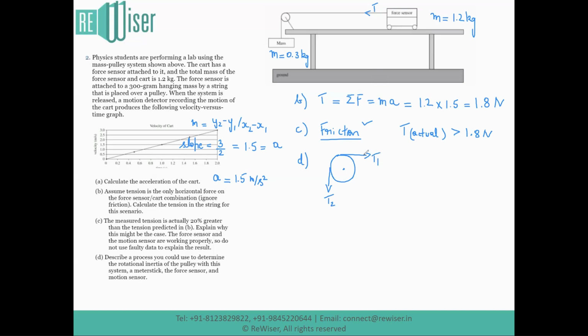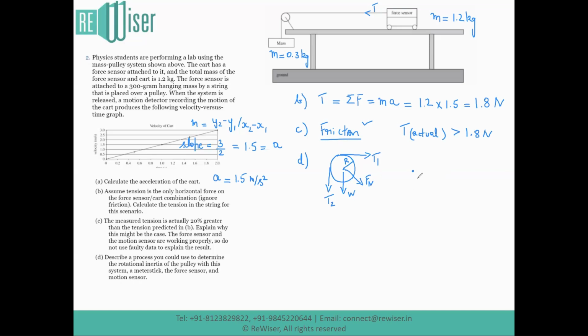It also has its own weight acting downwards. We'll call this weight W. And let's assume the system has a radius, capital R. There is also the normal force in this direction, Fn.